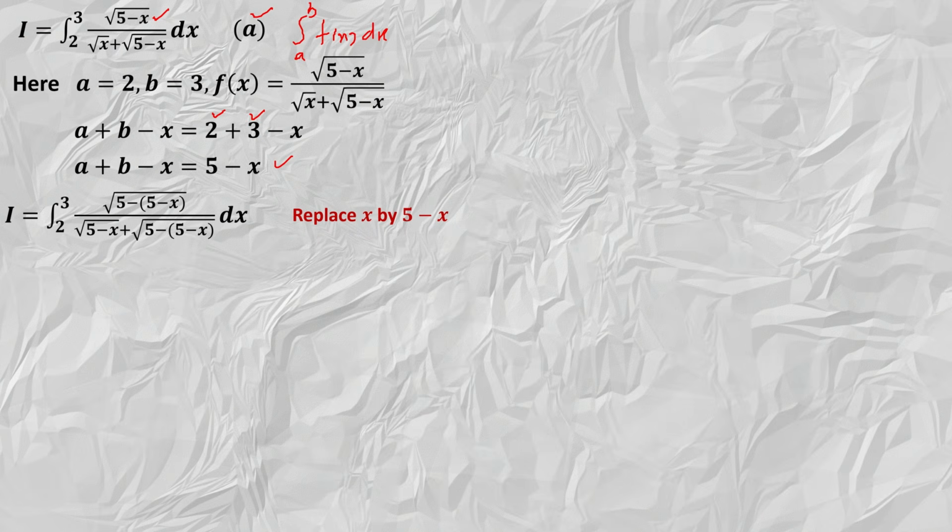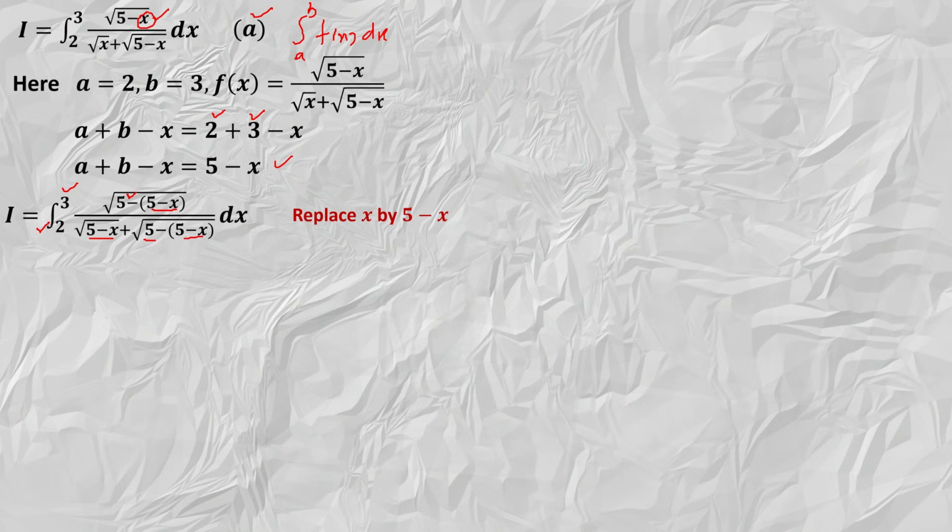Now we shall replace the value of x by 5 minus x in the integral I. After doing so, we get the integral from 2 to 3 of square root of 5 minus (5 minus x) over square root of 5 minus x plus square root of 5 minus (5 minus x).